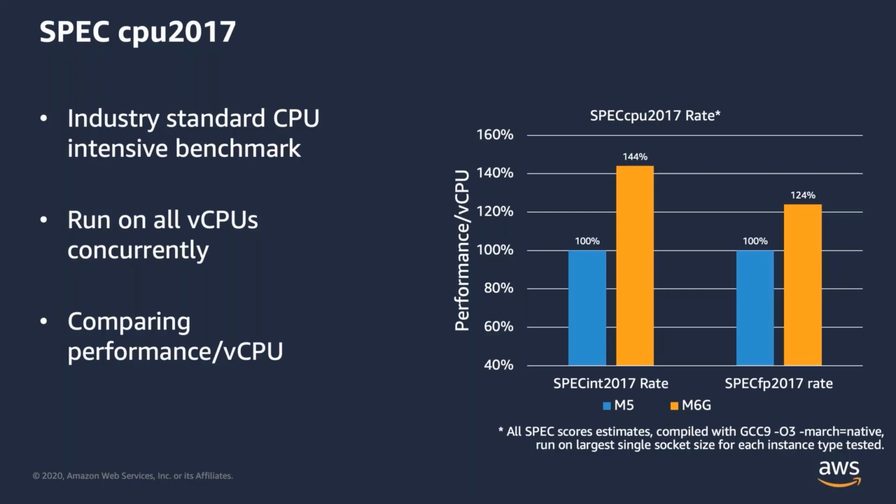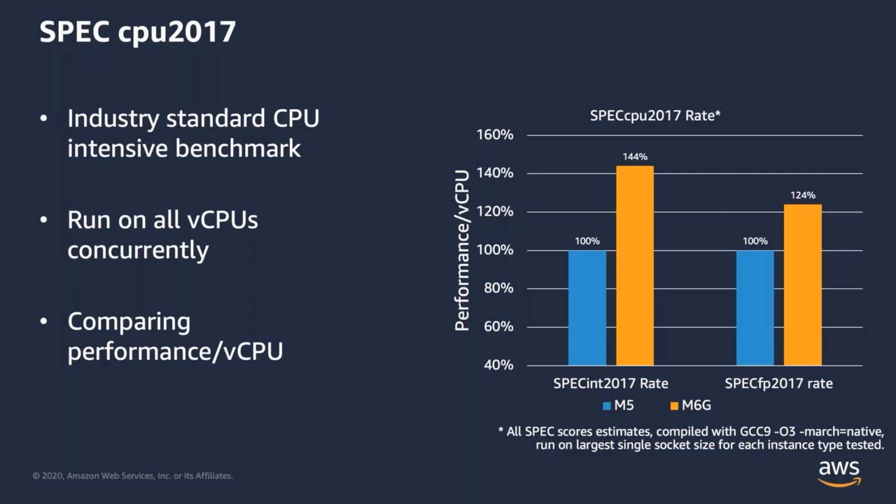As you can see from the graph on the right part of the slide, we compared M6G to our Intel-based M5 instances. And on the integer part of that benchmark, we can see a SPEC CPU 2017 performance, which is up to 44% better on M6G compared to M5.